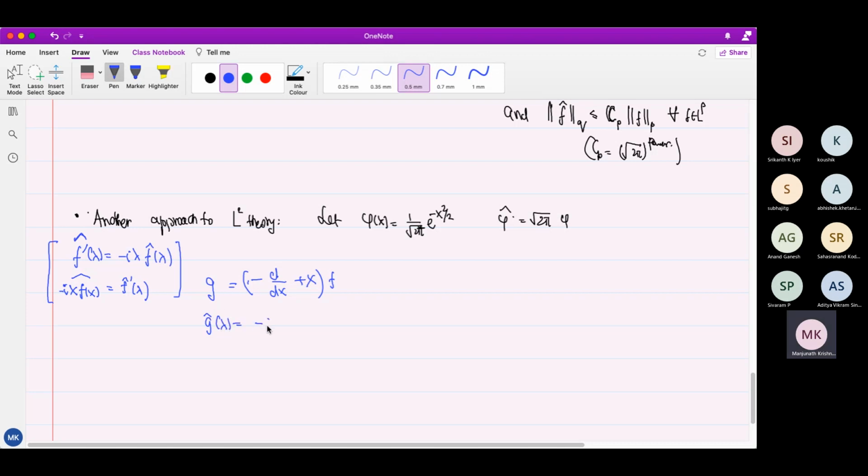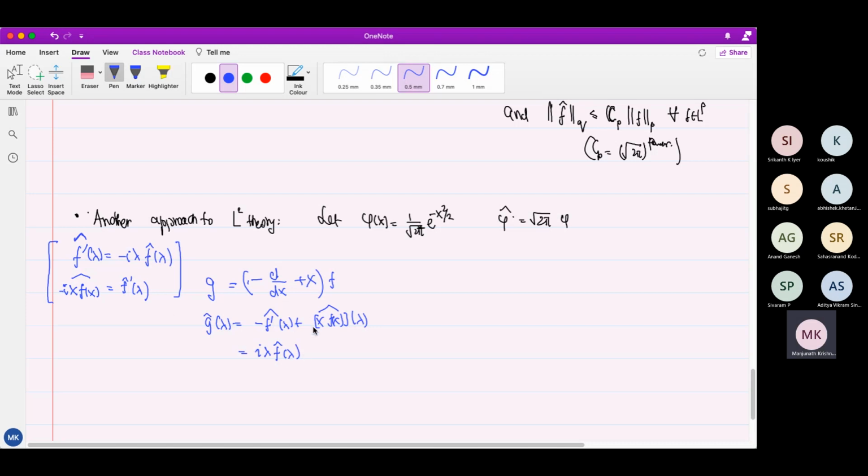Firstly, you have minus f dash hat of lambda, plus you take the function x f of x and its Fourier transform evaluated at lambda. Now f dash hat of lambda, as we saw, is minus i lambda f hat of lambda.